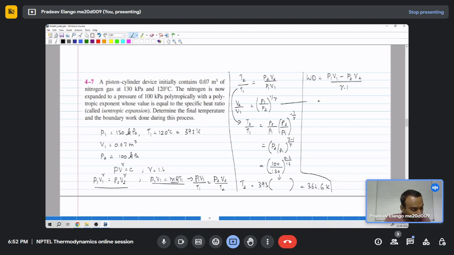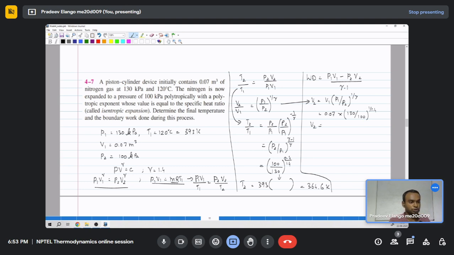So from here we can find V2. V2 is V1 into P1 by P2 power 1 by gamma. So V1 is 0.07 into P1 by P2 is 130 by 100 power 1 by 1.4.